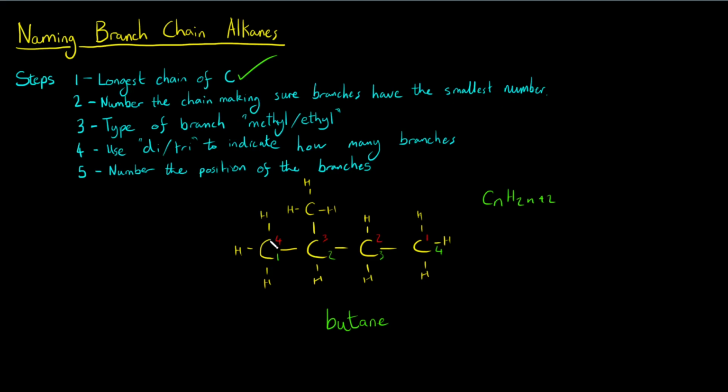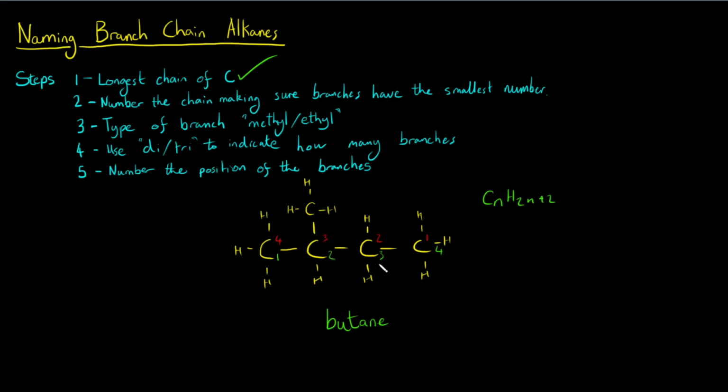Okay, if we look at the green numbers here, if I number it going from left to right, that branch is on carbon number 2. If I number it from right to left, that branch is now on carbon number 3.